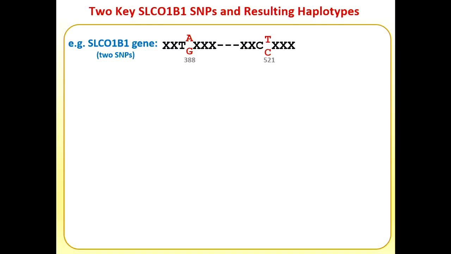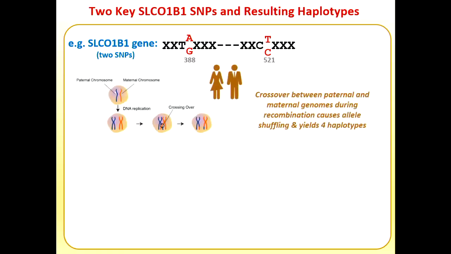And this is something we highlighted in earlier lectures. Often there are haplotypes in pharmacogenomics where there are two alleles within a gene that are quite dominant in populations, and you can get different combinations of them due to genetic recombination.